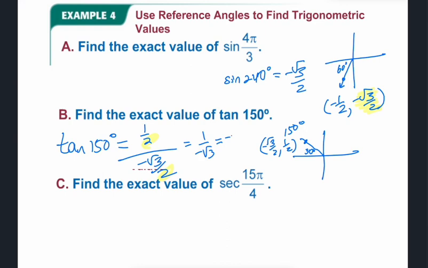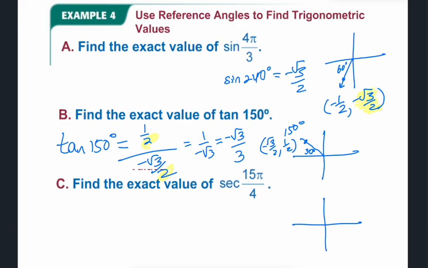So pop the negative in the radical to the top, leave a normal 3 behind. Okay.